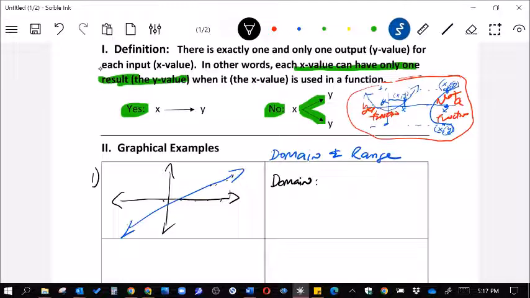Since this is going out forever, every x going this way and every x going this way counts. So we can say that in a couple of ways. The domain are all the x's where negative infinity is less than x, which is less than positive infinity.